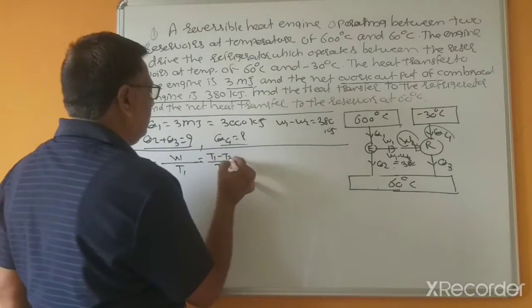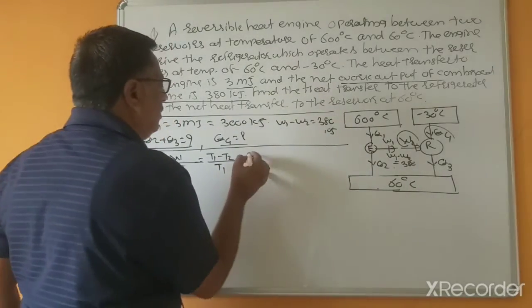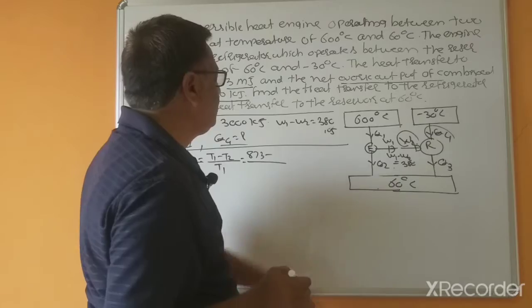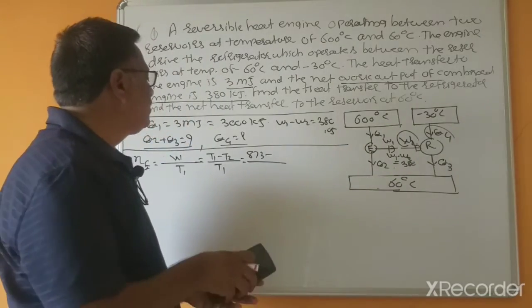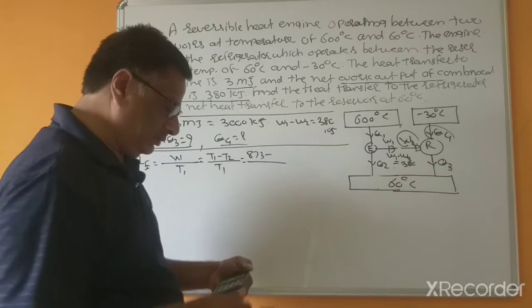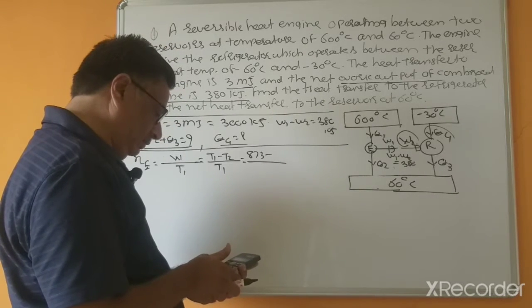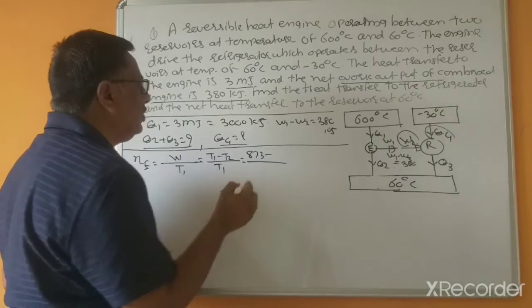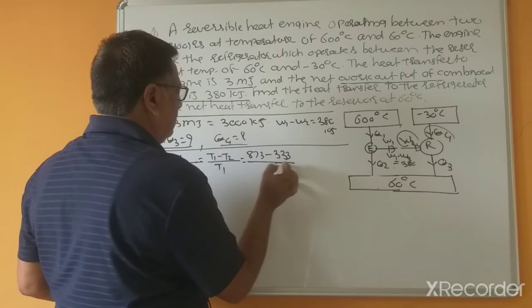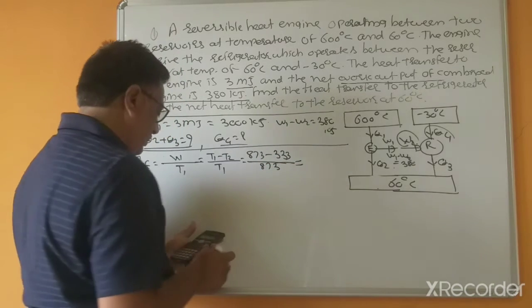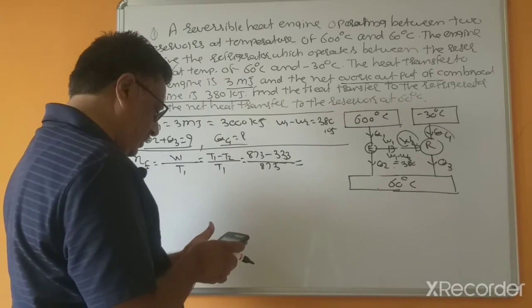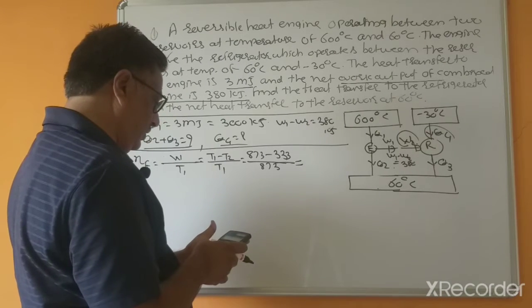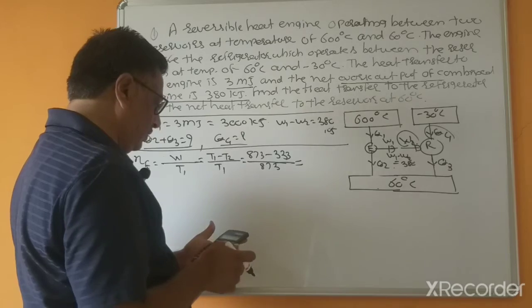T1 equal to 600 plus 273, which is 873, and T2 is 60 plus 273, which is 333. So 873 minus 333 divided by 873.